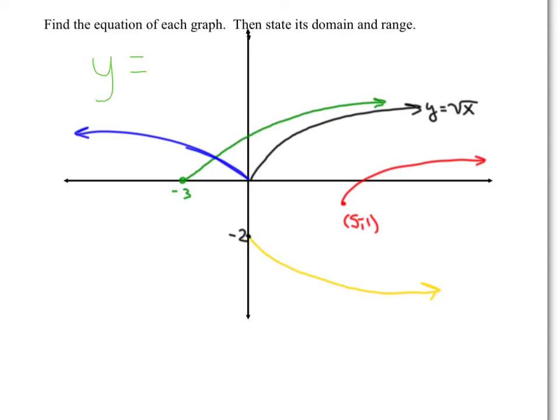It's still going to be a square root function, but now we shifted where it started along the x-axis. We made a shift left in here, so that gave us x minus -3. We shifted back to the -3, so we end up with the square root of x plus 3.